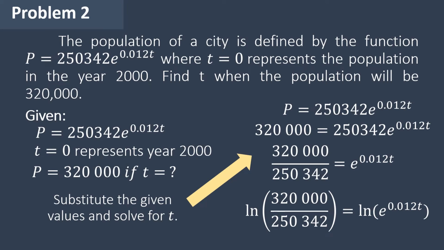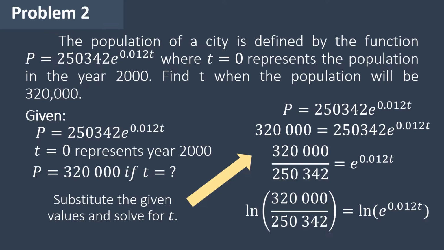The population of a city is defined by the function p is equal to 250,342 e raised to the power of 0.012 t, where t is equal to 0 represents the population in the year 2000. So, yung task natin is to find t when the population will be 320,000.